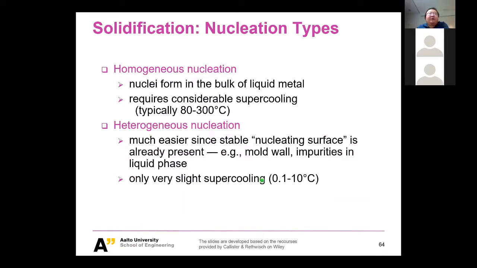And of course, when we speak about solidification, as you already see from the example, we have two types of nucleation. The first one is homogeneous nucleation. This is exactly nucleating from almost, let's say, nowhere. Just you're in your metal and suddenly you get a nucleation point.